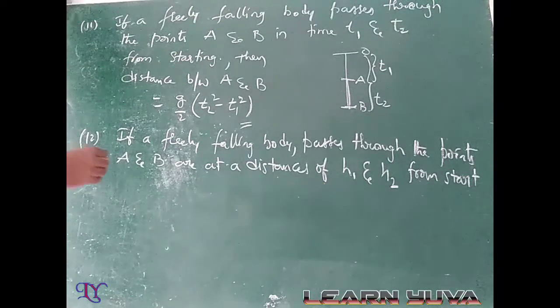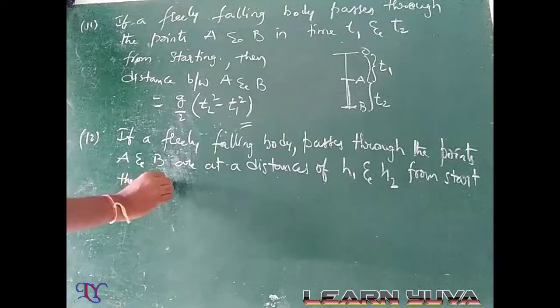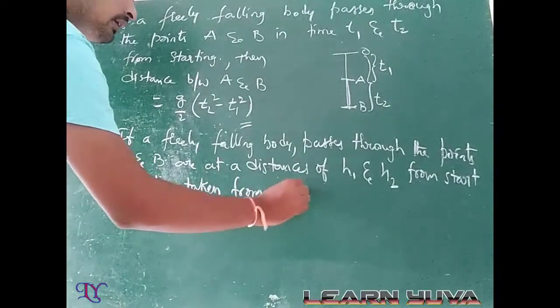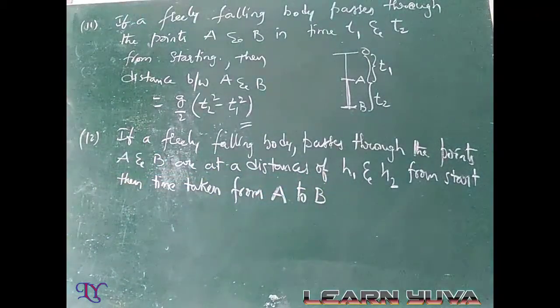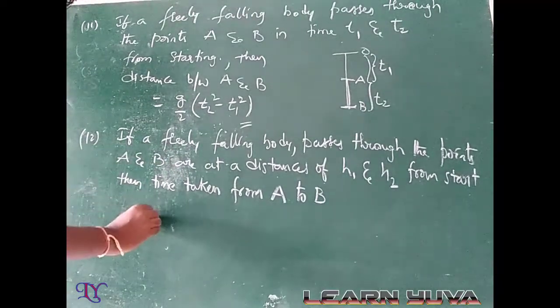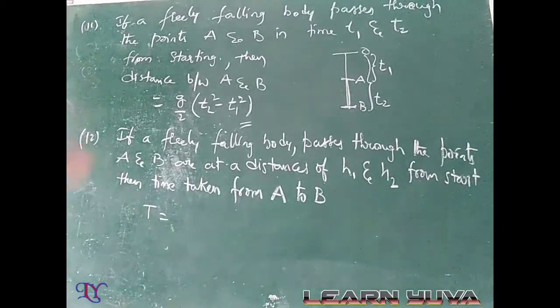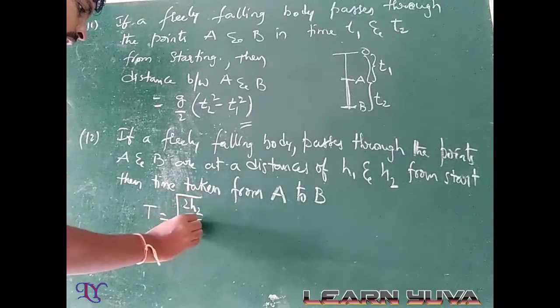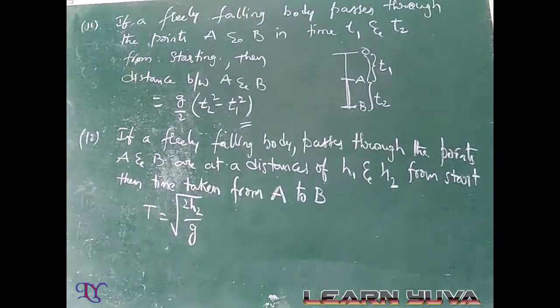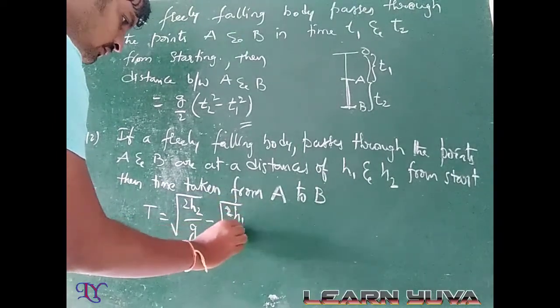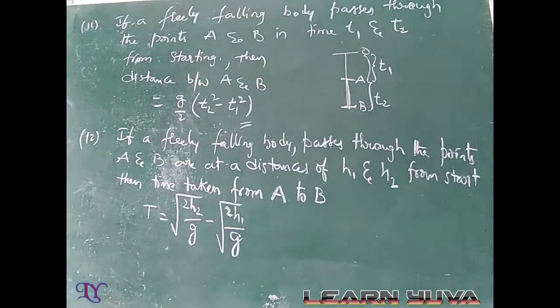then the time taken to reach from A to B is T, the time taken between the two points, T is equal to square root of 2h2 by g minus square root of 2h1 by g.